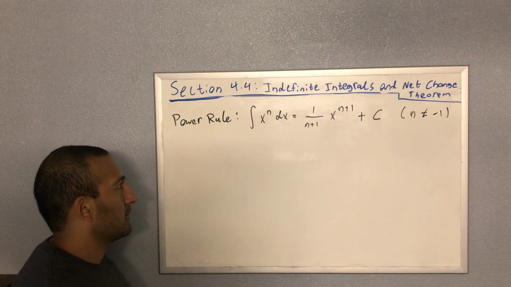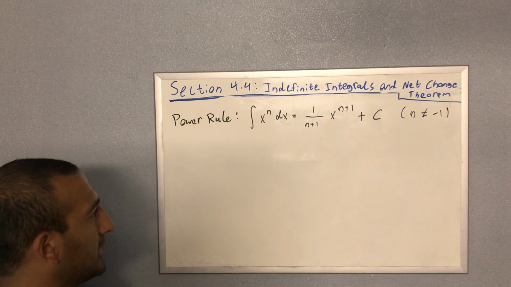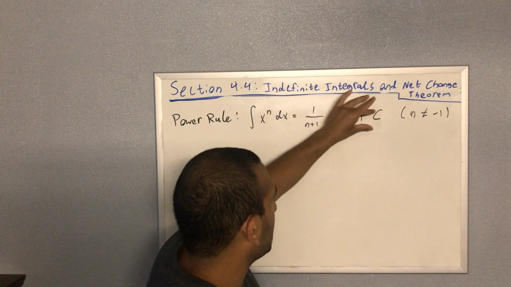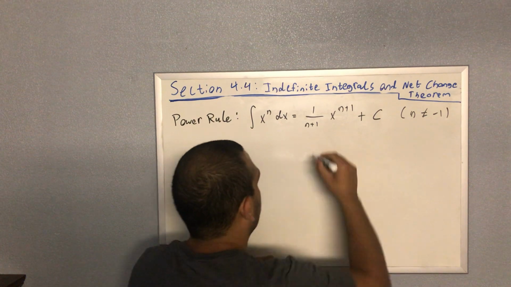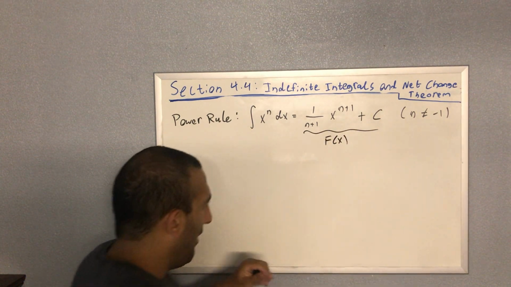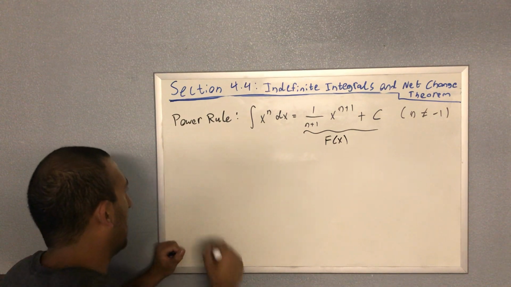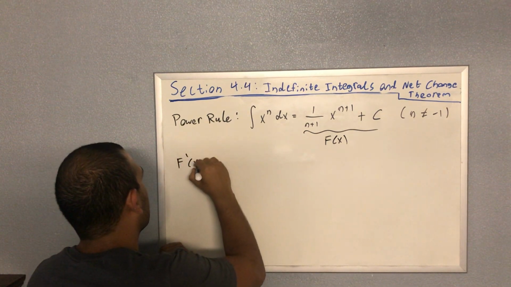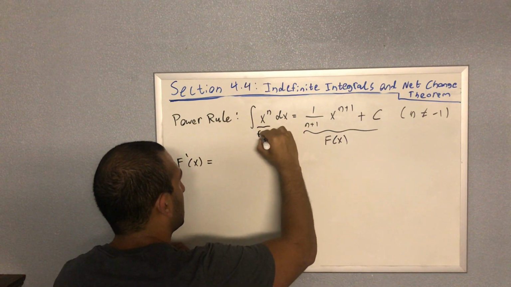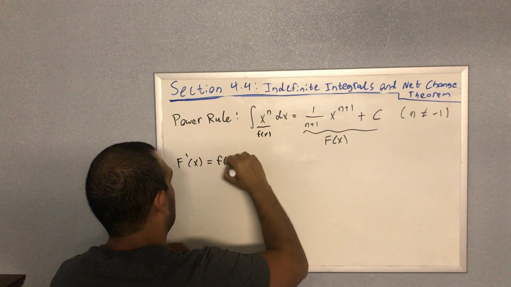Now, the idea is that if we take the derivative of this, because this is capital F of x, F prime of x should be the original function f of x. Is this true?